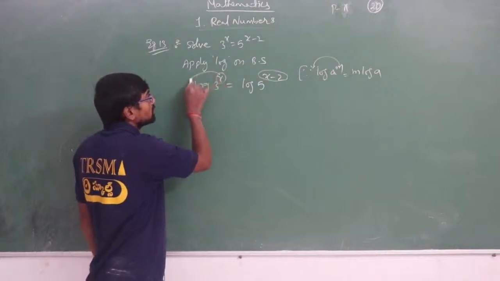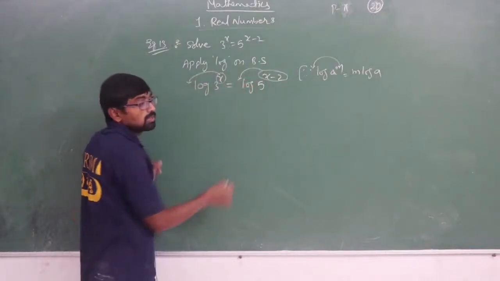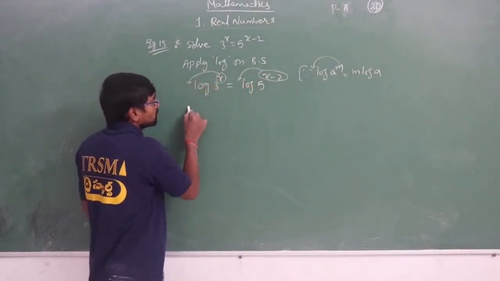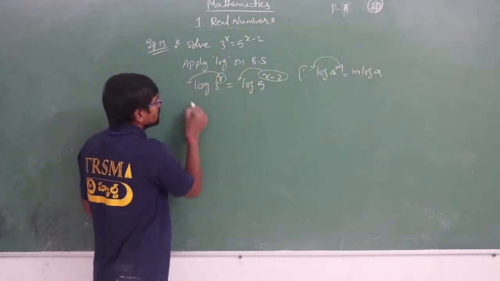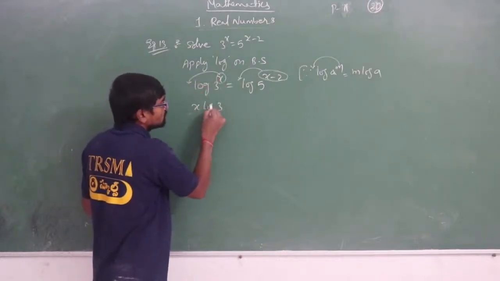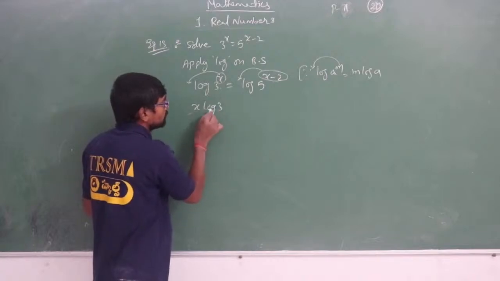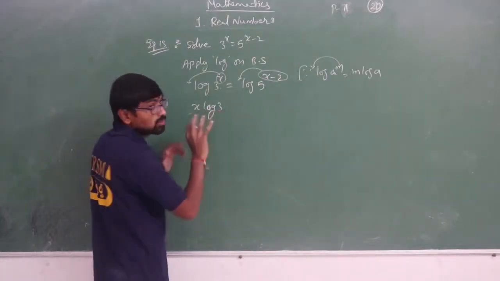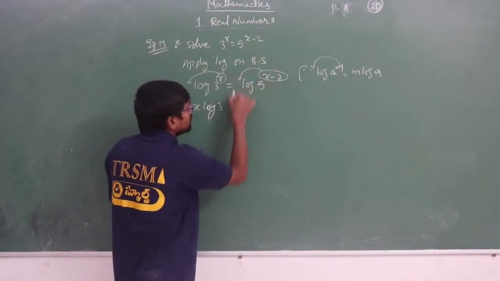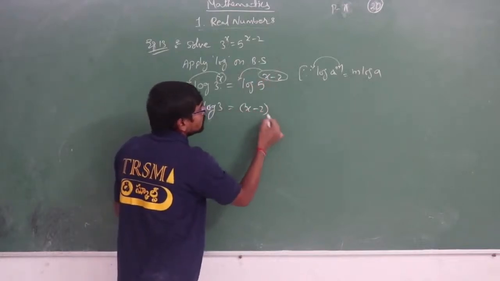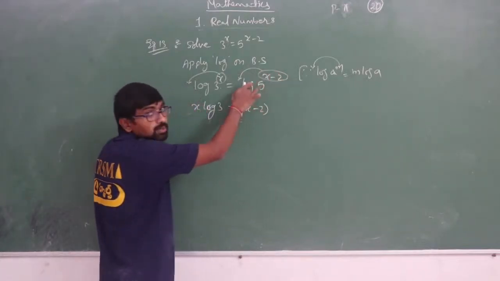Here we have powers, so these powers are multiplied in front. So it becomes x log 3. Here we don't have any base, and here it becomes x minus 2, this whole term multiplied to log 5.